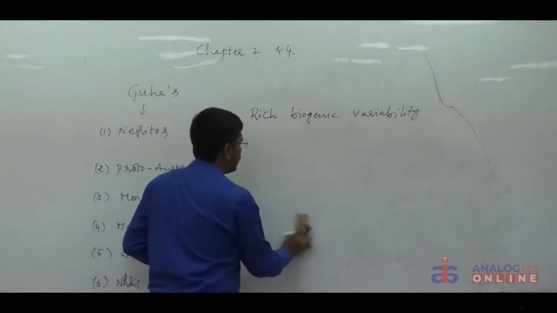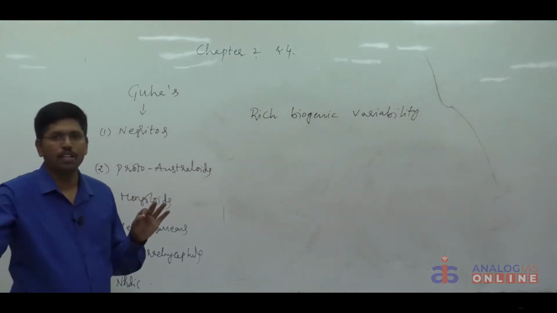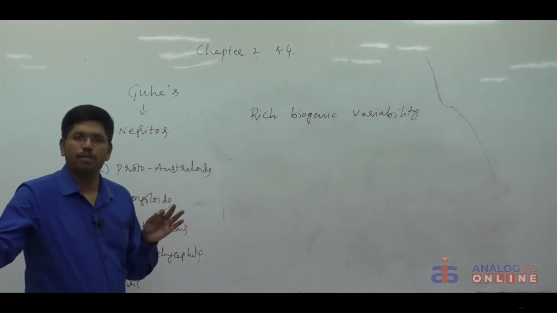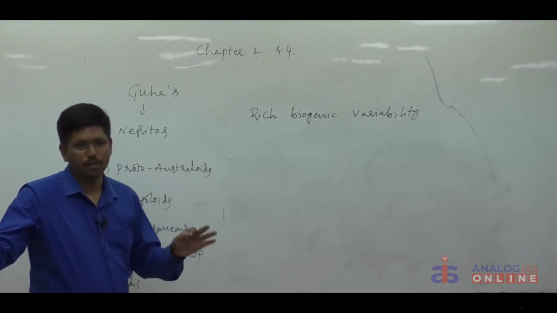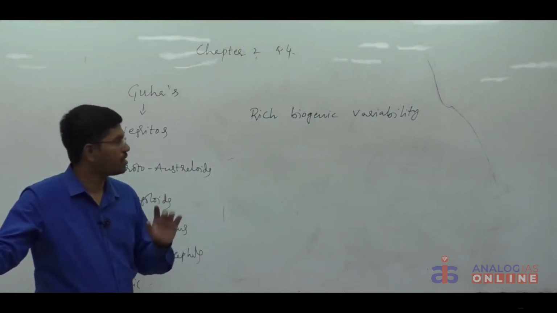In the examination, you have to write like this. In the examination, most of the times questions will be asked like this: Indian population represents rich biogenic variability. Comment or discuss or explain. They will ask like this.